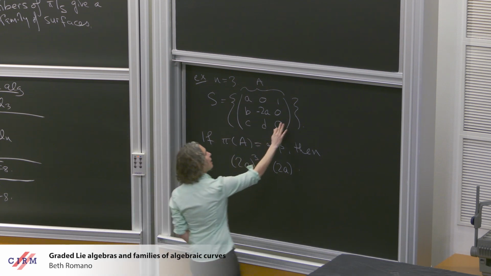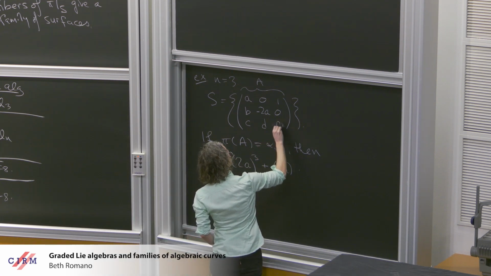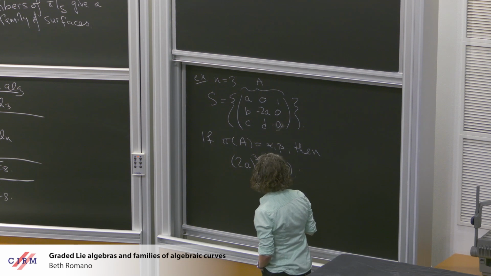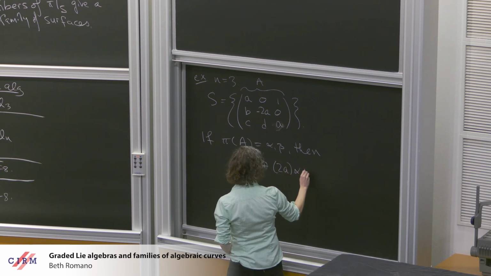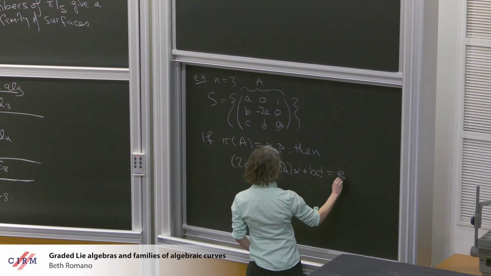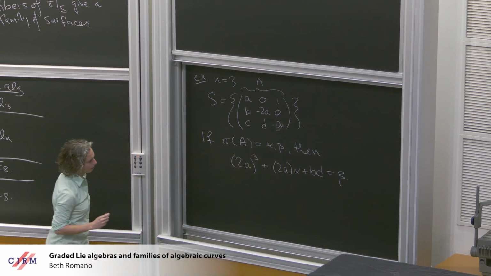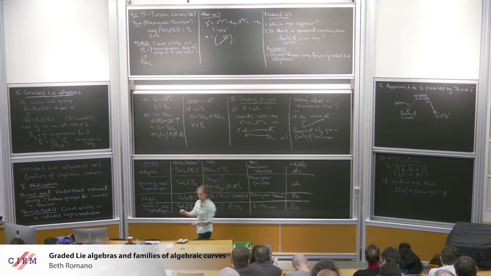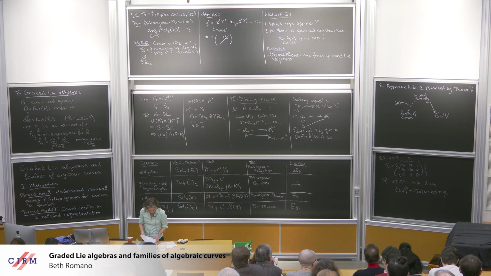Sorry, this should be an a. Yeah, thank you. Plus 2a times alpha plus, I think it's b times d, equals beta. I'll double check it to make sure I didn't screw up the coefficients. Yeah, b and d, yep.